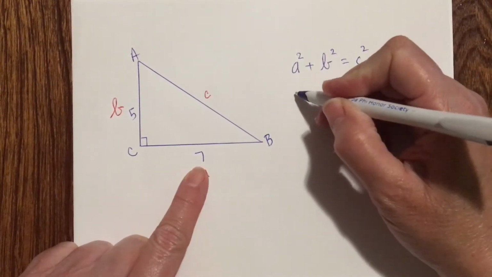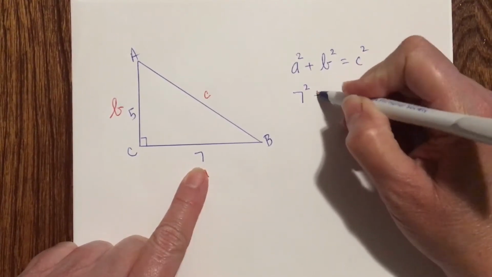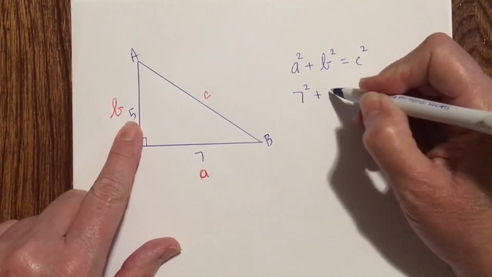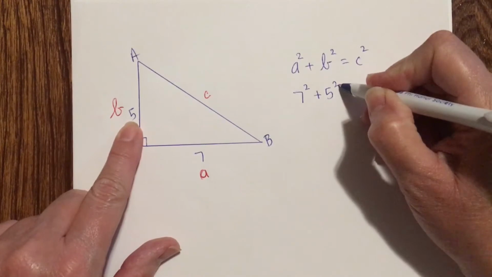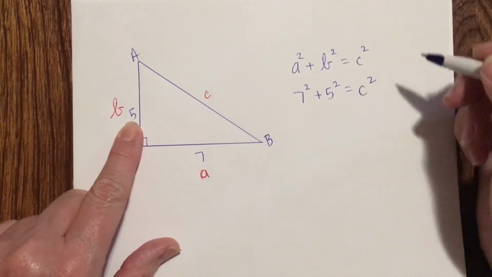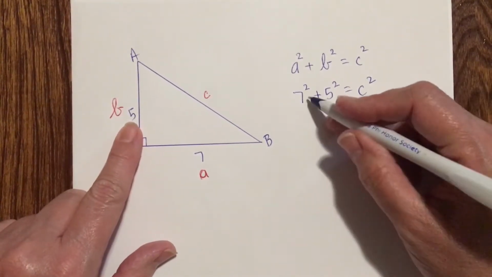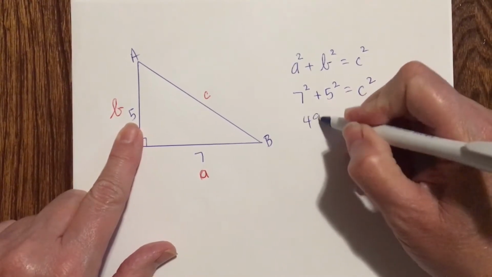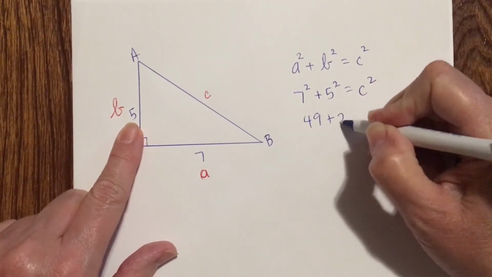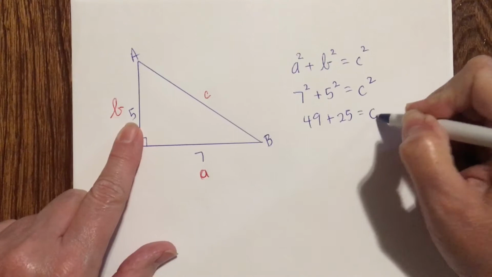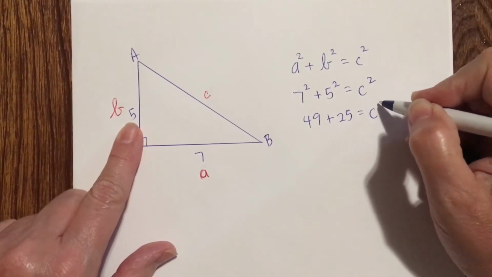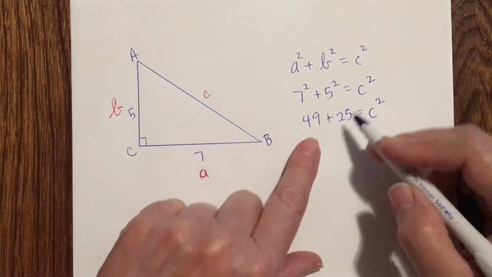For the a, we'll plug in 7, 7 squared. For the b, we'll plug in 5, 5 squared equals c squared. Let's work it out. 7 squared is 49. 5 squared is 25.